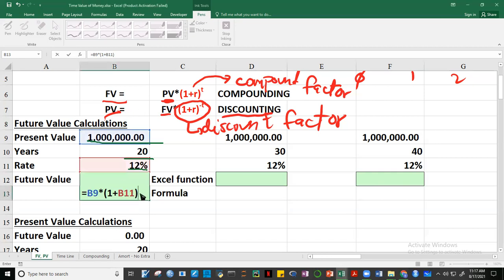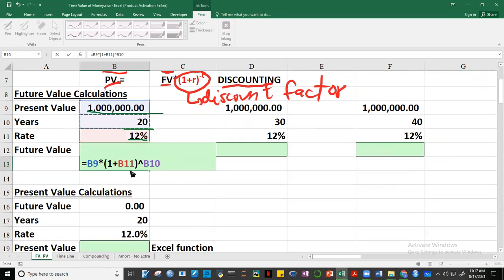Okay, I'm here. There. And then the time, the period, is B10. Let me just pause for a while for you to follow the formula. So this is your present value multiplied by 1 plus the rate of return raised to the number of years, T. So this one is our compound factor, and that's 9.64.